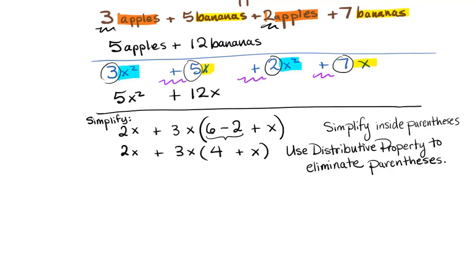So when we do that, we'll multiply this 3x to the 4, and we'll have 12x. And then we'll multiply this 3x to the x. And remember, when we have two x's multiplied together, we get x squared, because we had an x times an x. And if you think about it, there's also a 1 in front of the x, but we don't really worry about that too much. And then we write everything else just the way it was.